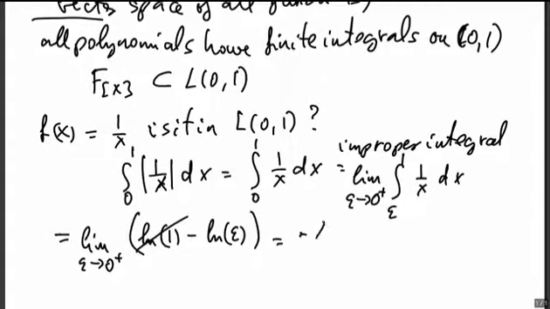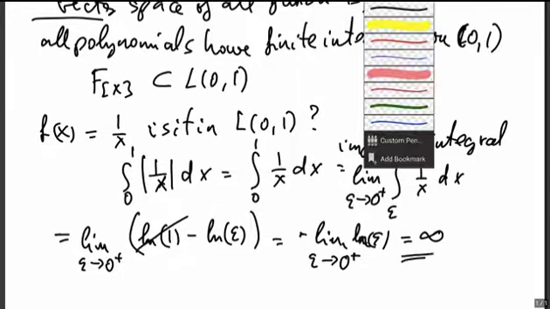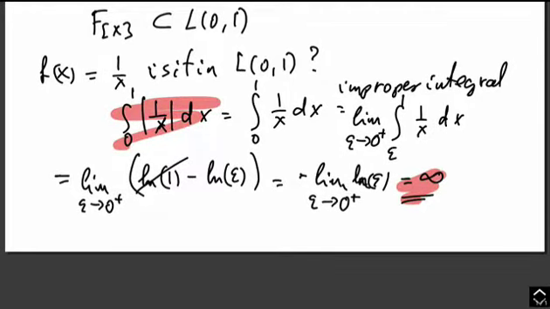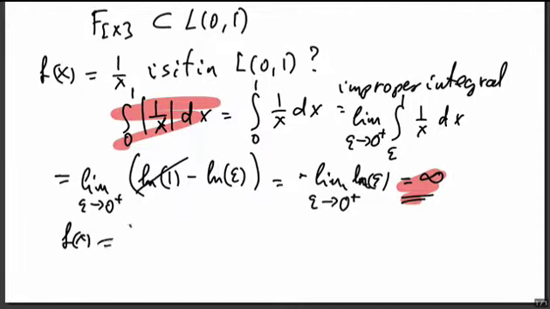So we end up with minus the natural log of epsilon when epsilon goes to 0 from the right. And if you know the shape of the logarithm function, you see that this is not finite, it is infinity. For this 1 over x function, we got an infinite integral. That means this f of x equals 1 over x is not in this vector space. So not all functions are integrable.